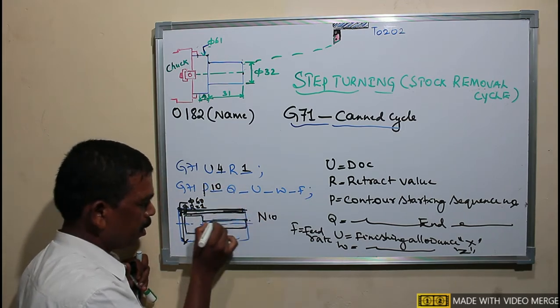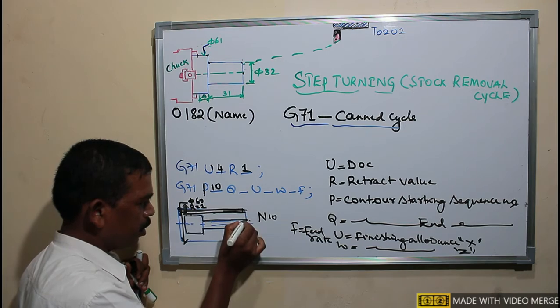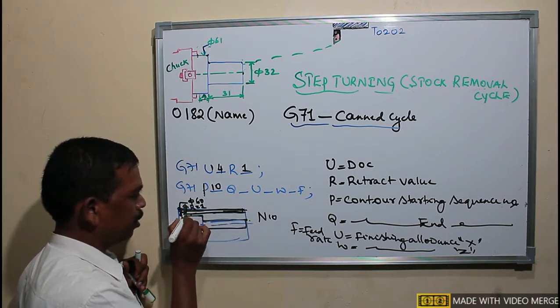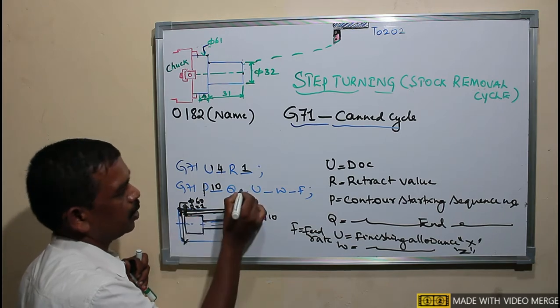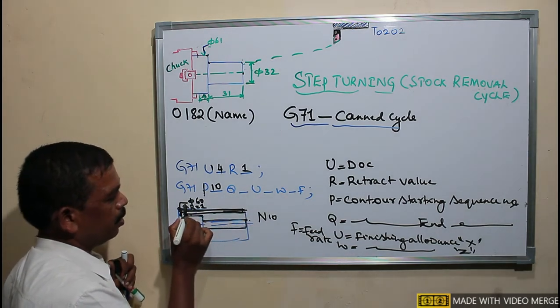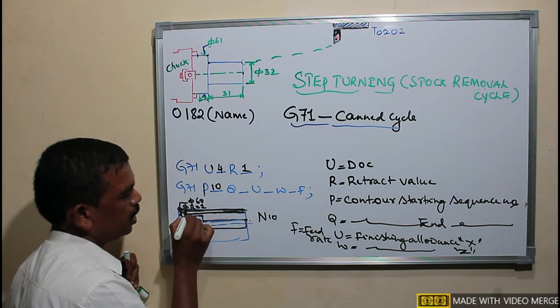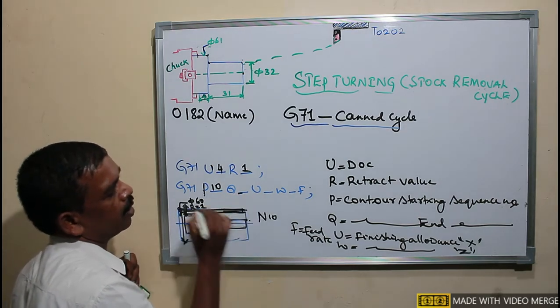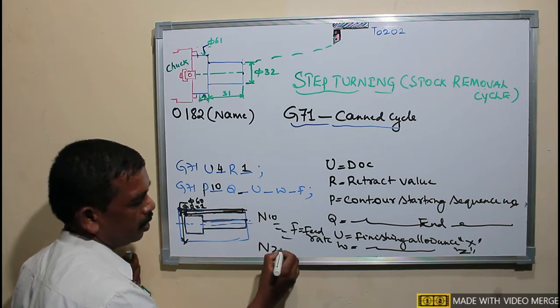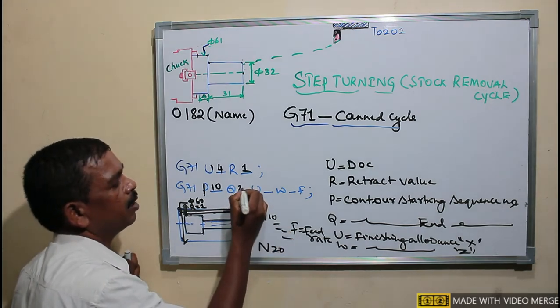Q is the contour end sequence number. I will write the program from here to here, and then to here, and then to here. If that number is N20, then we have to write 20 here.